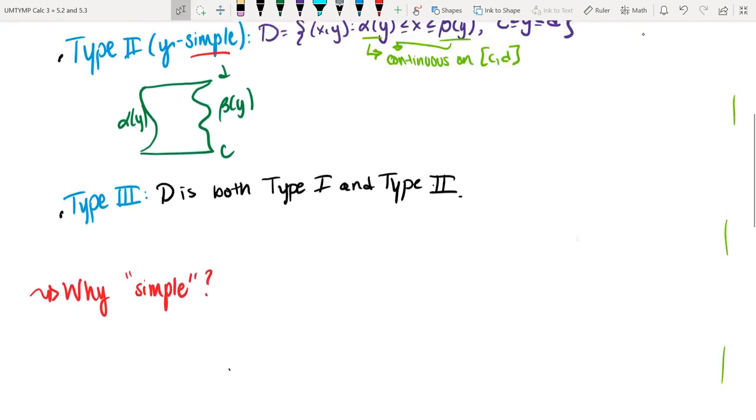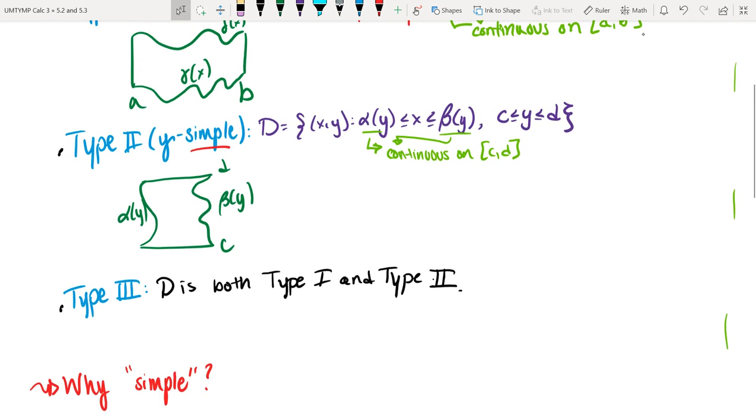Okay, so you notice I have simple underlined. Well, why do we care if it's simple? The idea is that if we look at these regions and we're taking slices, I want you to imagine taking slices through each of these regions. Let's do some horizontally in the first one. If we look at the first one, the slices are okay in the middle, but as I approach the boundaries, at least this interval, or the slice, would have to be cut up into three different pieces, right?